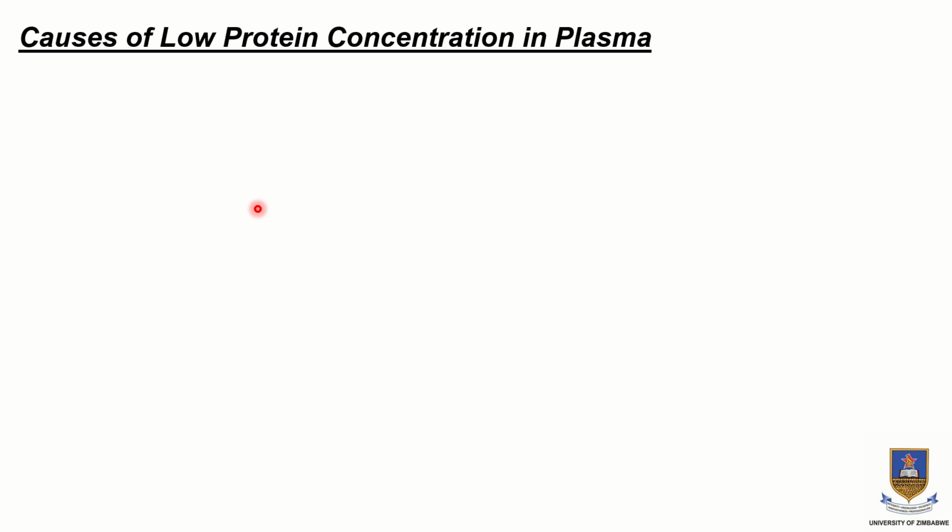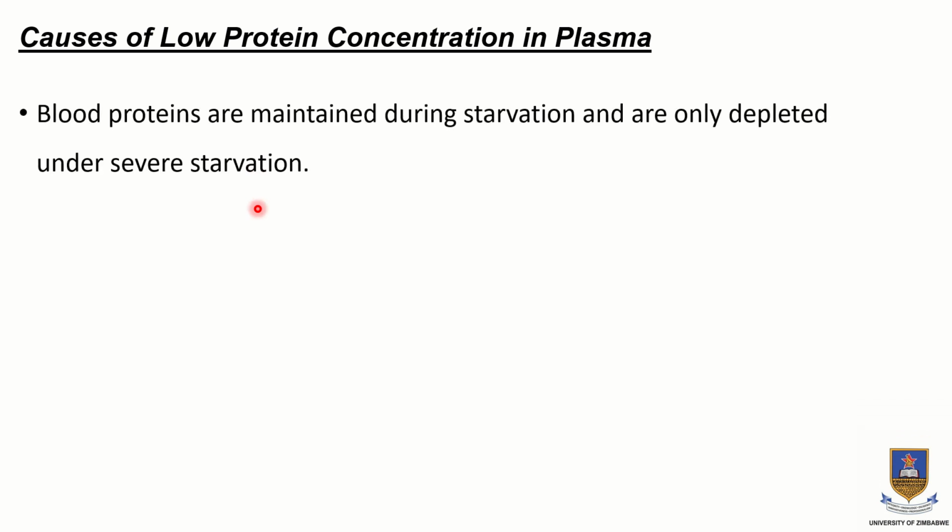So firstly, one might think that when one fasts from food or is on a strict diet, one might decrease their level of protein concentration in plasma, but that's not the case, since blood proteins are maintained during starvation and are only depleted under severe starvation, right? That's the first point to note.